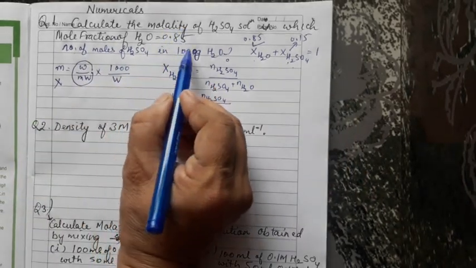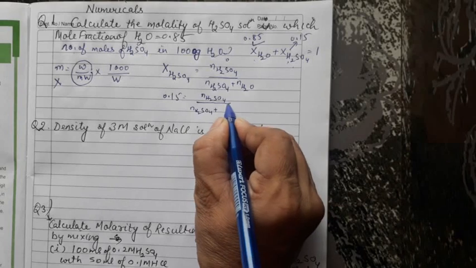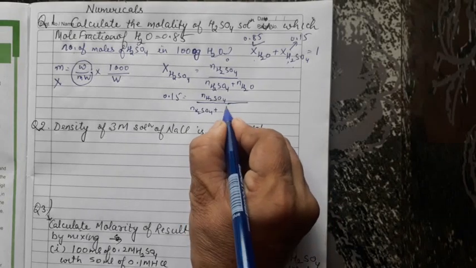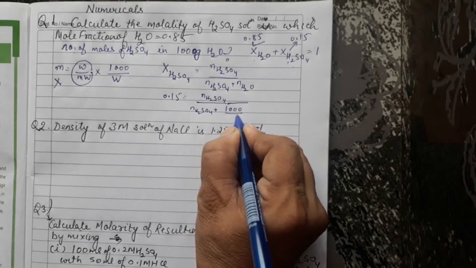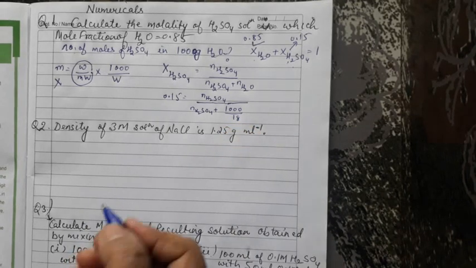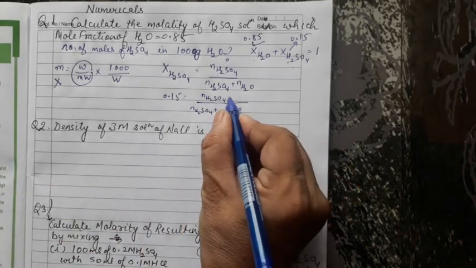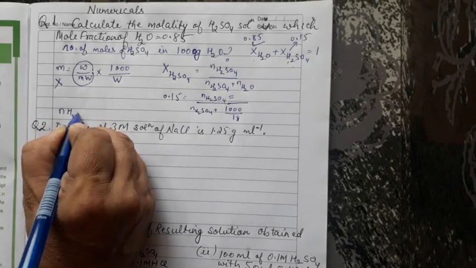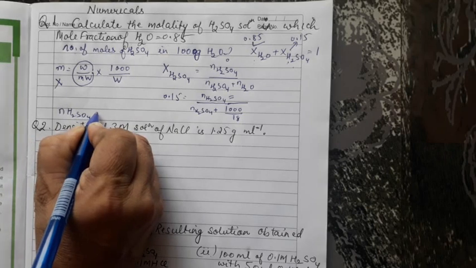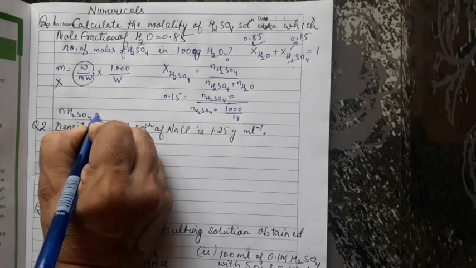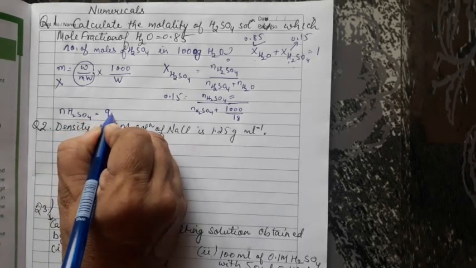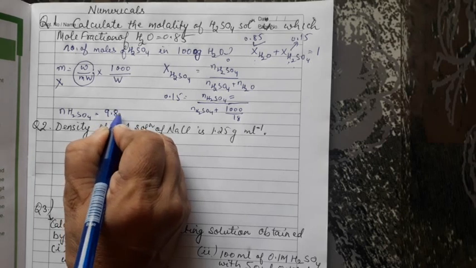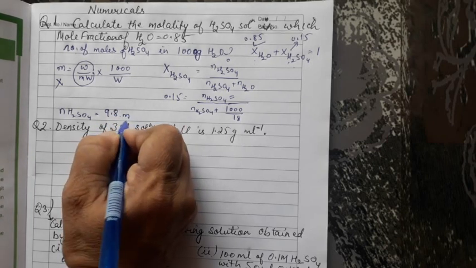We know moles in 1000 gram, that means number of mole of water will be here equal to 1000 divided by 18. Okay, so very simple. Now we are asked to calculate the number of moles. So number of moles of sulfuric acid in this particular question, if you solve it, it will come out to be 9.8. 9.8 itself is molality.